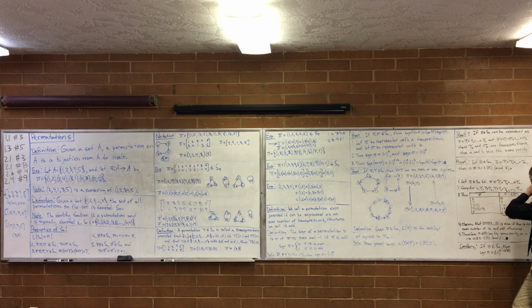So what was the point up there? This was if you have two different representations, they have the same parity. This one is saying any representation will have this parity. Two representations have the same parity, any representation has this parity. You see how those are saying the same thing? Yeah. Because this is a constant. Once you give me the permutation, I can calculate what this is, and it's odd or even.